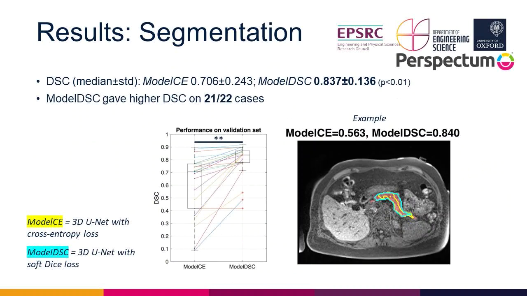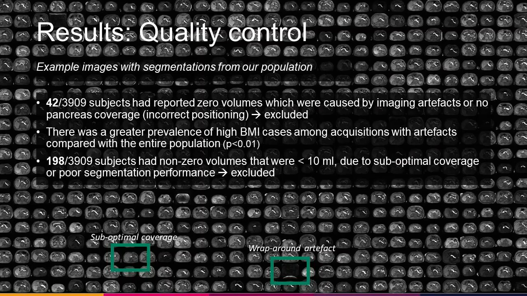For the results, we saw that the dice loss model gave significantly greater performance than the model trained with a cross-entropy loss, and it gave higher dice similarity coefficients in 21 out of 22 cases. These are example images with segmentation masks overlaid in our subject population.